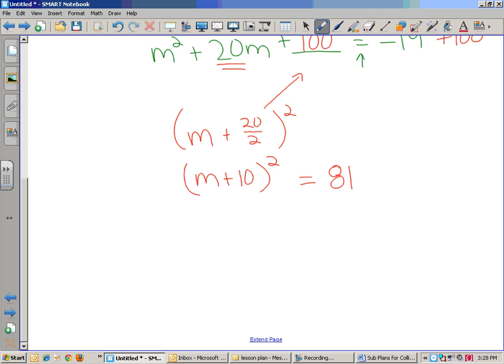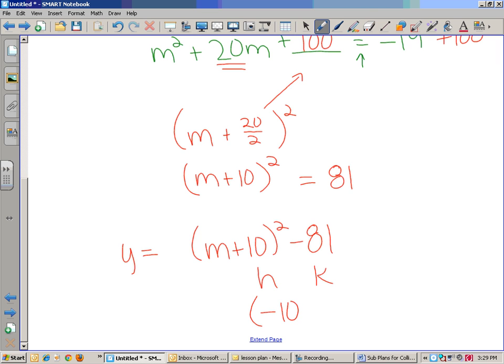And now to complete the square, my answer should look like this. The reason I complete the square is so that I can determine a general equation. Yes, this equals 0, but now I have a general equation where I can pull out my h and my k.